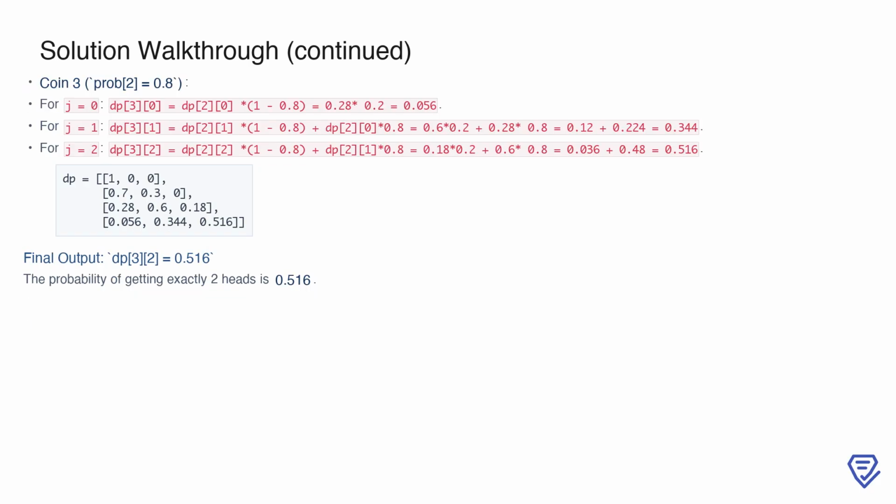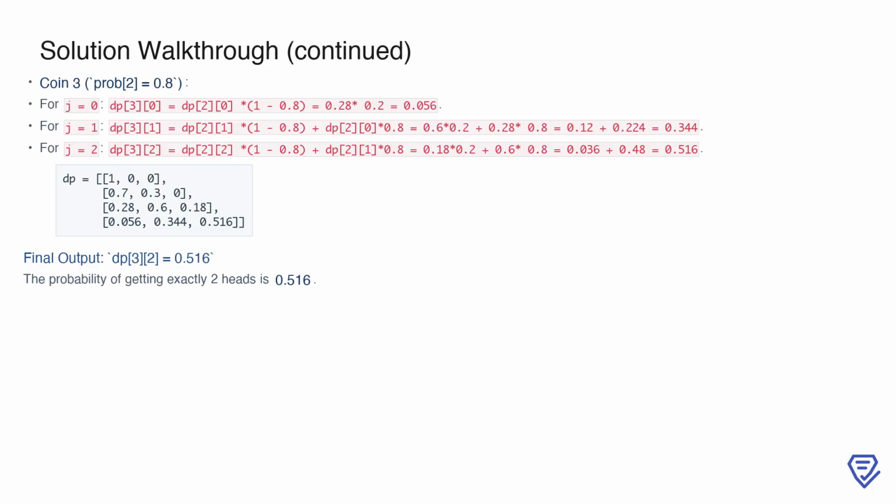Finally, we process the third coin, which has a probability of heads equal to 0.8. For 0 heads, the probability is dp[3][0] equals dp[2][0] * (1 - 0.8), which equals 0.28 * 0.2 equals 0.056. For 1 head, dp[3][1] equals dp[2][1] * (1 - 0.8) plus dp[2][0] * 0.8, which computes to 0.6 * 0.2 plus 0.28 times 0.8 is equal to 0.12 plus 0.224 equals 0.344.